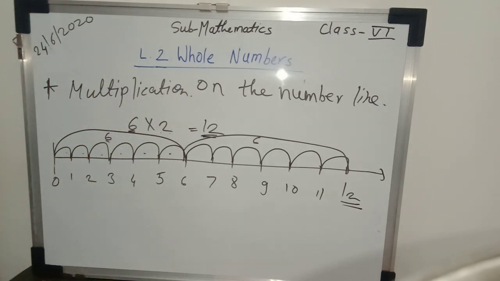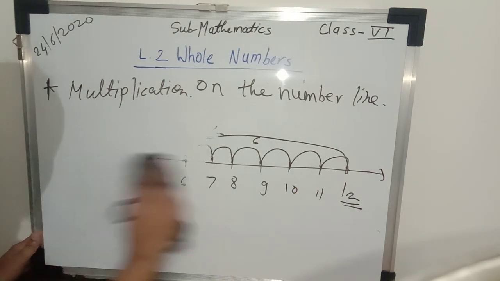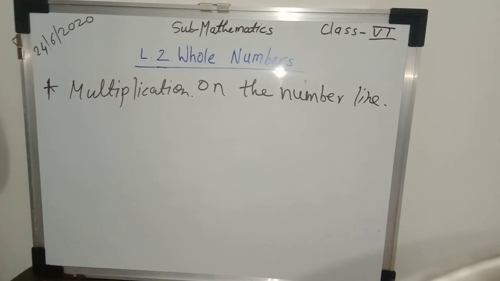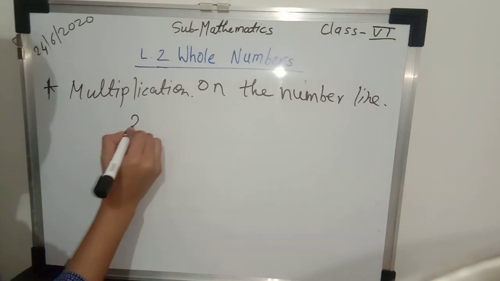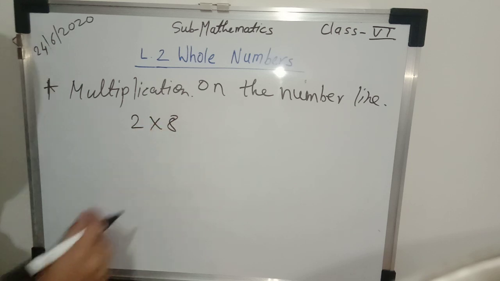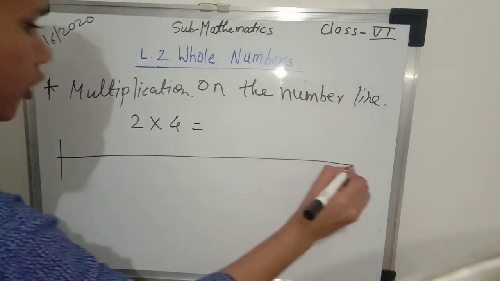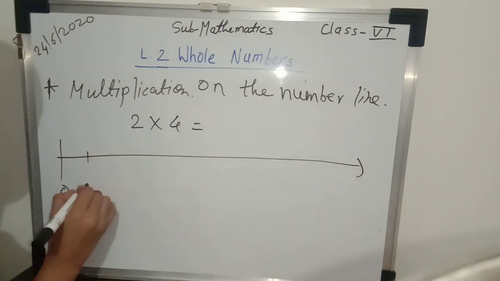Let's take another example here. 4 into 2. Again we will draw the number line from 0.